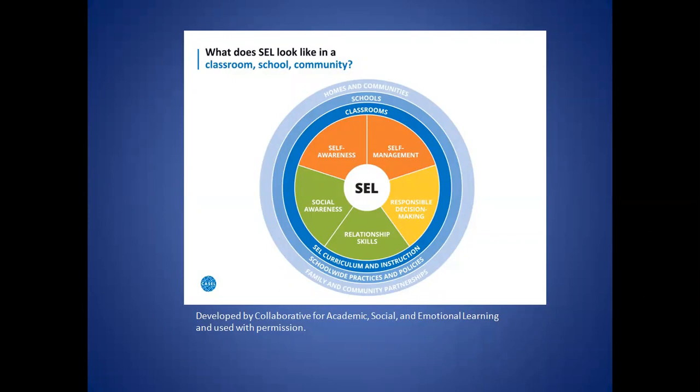less clear than I'd like it to be about homes and communities, because one of the things that we've learned is that social and emotional learning should or can, depending on where you are in your development, start at home. Now, if you're like me, sometimes thinking about getting parents involved is kind of frightening.